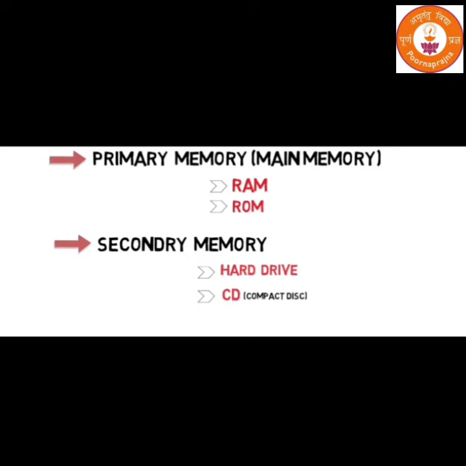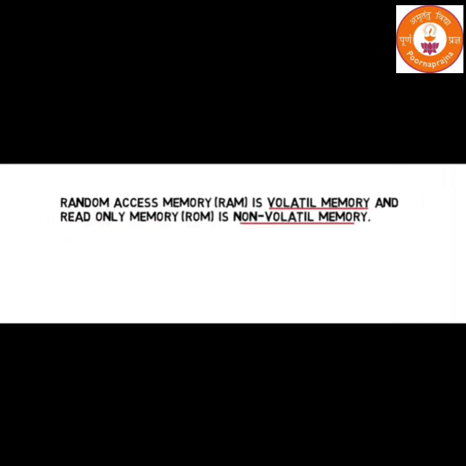These you can always see outside the CPU. Which memory is inside the CPU? That is primary memory or main memory. That is again classified into random access memory and read-only memory. Then random access memory, RAM, is a volatile memory, and read-only memory, ROM, is a non-volatile memory.